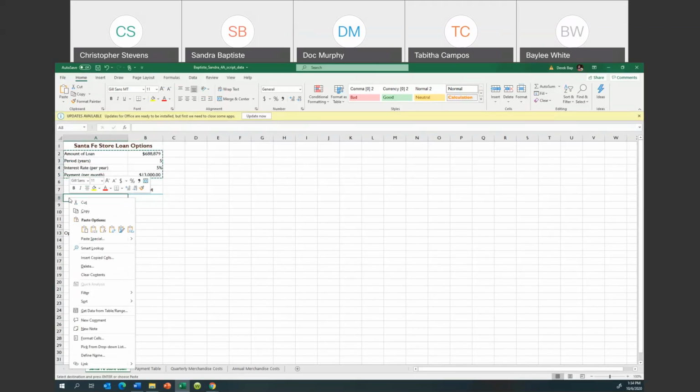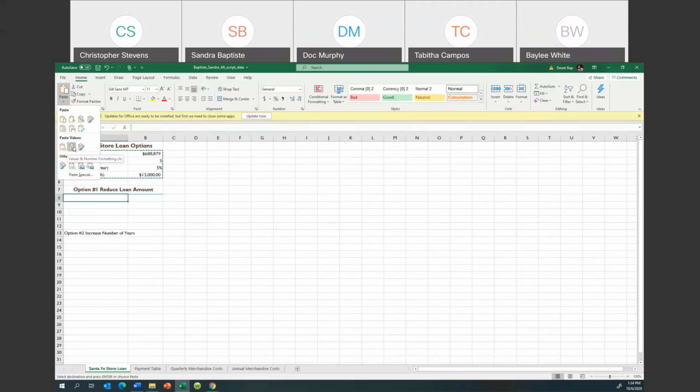But use paste special, and let's get the values and number formatting only. So you knew exactly where to go. Good. All right, click on that. Okay, and then you can press the escape key. That way it will get out of that copying function. All right, great. So this is the first option that we'll give to them. They can reduce the loan's amount.